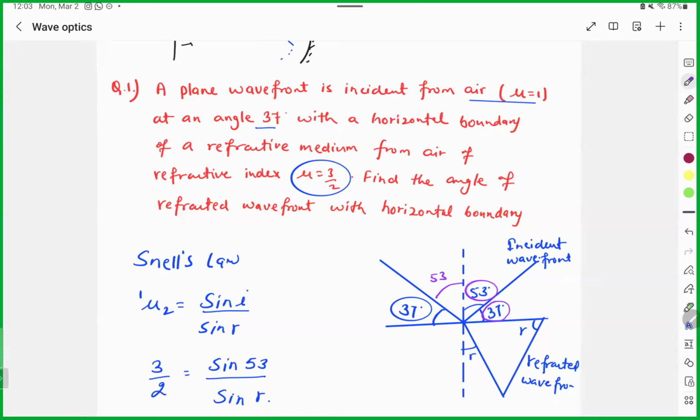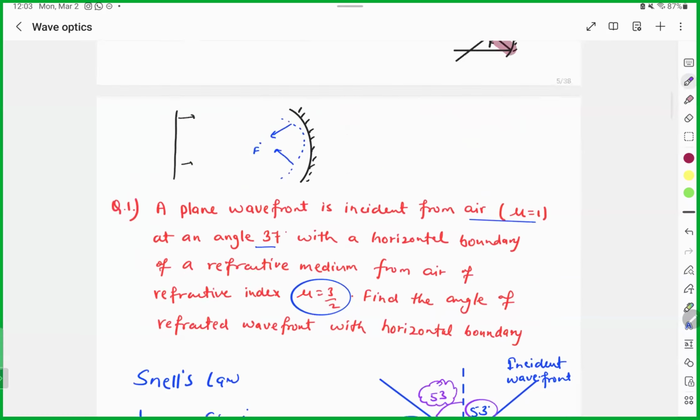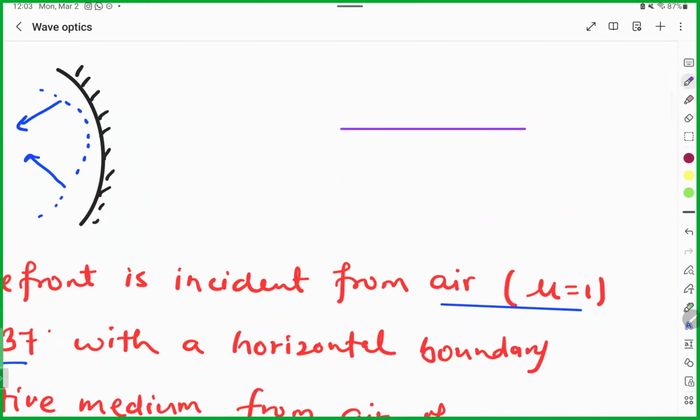This is 53. One mistake you might make is to take the 37-degree angle as the incident angle. This is wrong. Why? Because even in normal reflection, your reference is the normal, not the horizontal surface. Take a mirror or a lens: if light falls on it and makes a 30-degree angle with the horizontal surface, what will your incident angle be? The incident angle is taken from the normal, so in reality it will be 60 degrees.